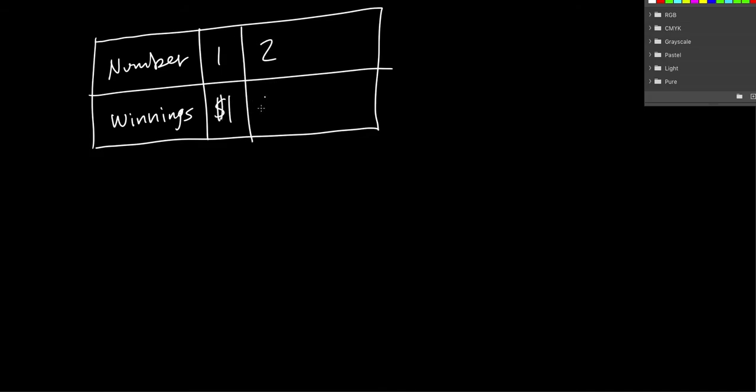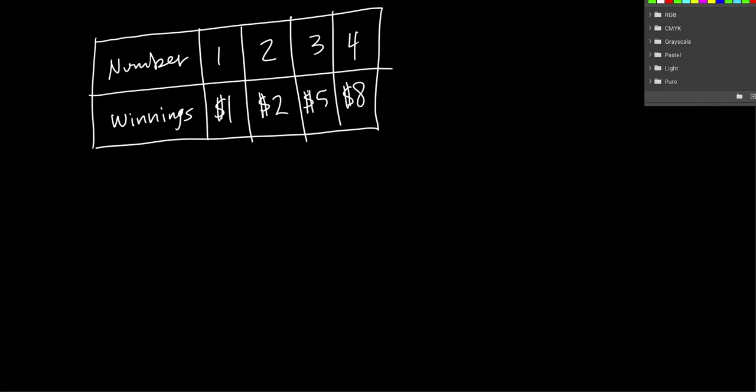If you get a 2, you get $2. If you get a 3, you get $5. If you get a 4, you get $8.